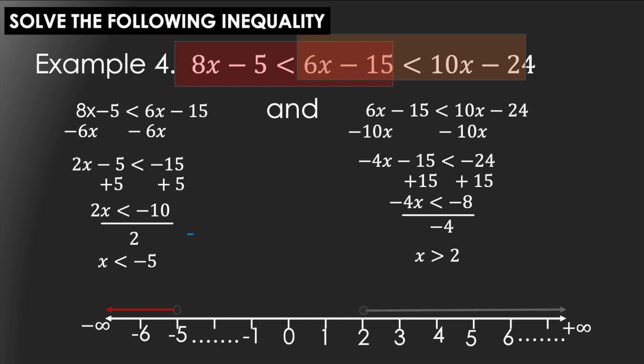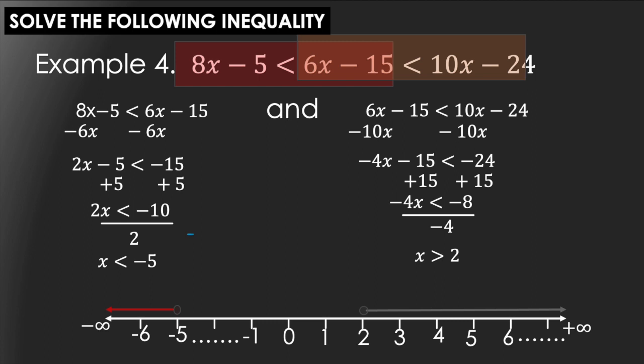And what do you notice here? The solution to this inequality, 8x - 5 < 6x - 15 < 10x - 24, is all the values of x that satisfy both parts of the inequality, that is x < -5 and also x > 2.